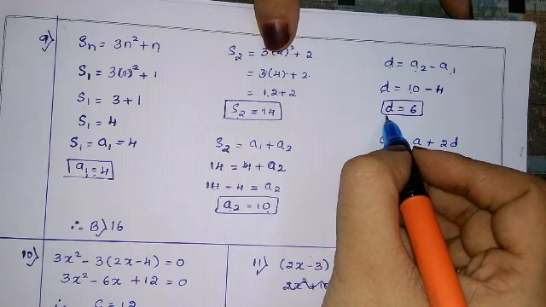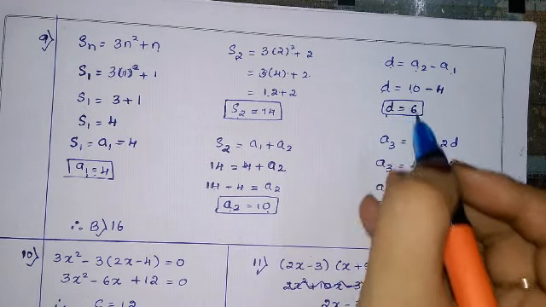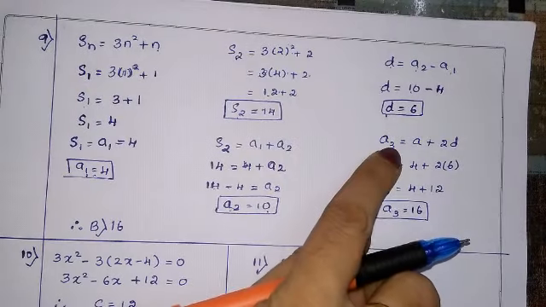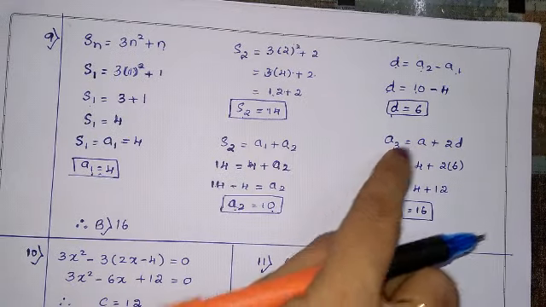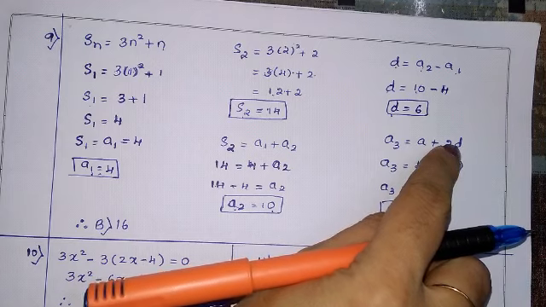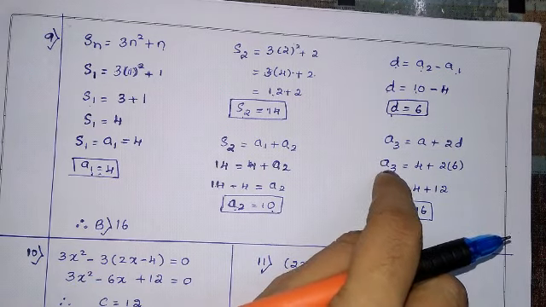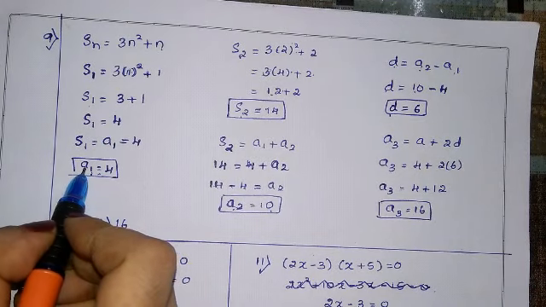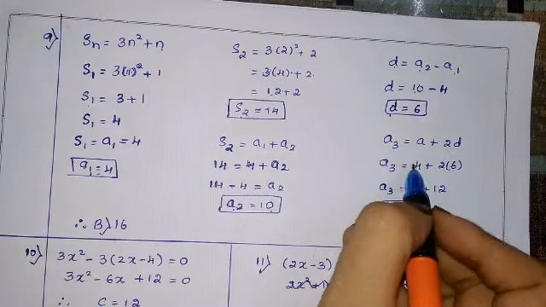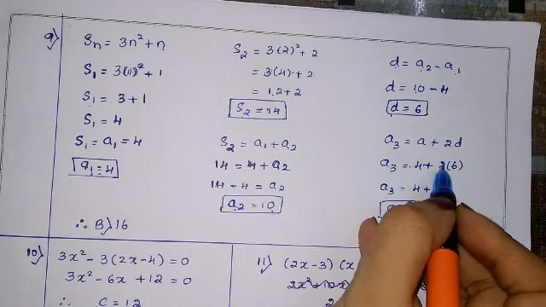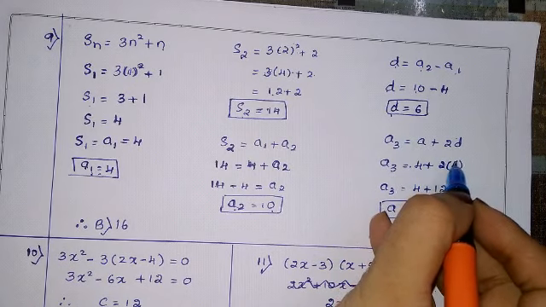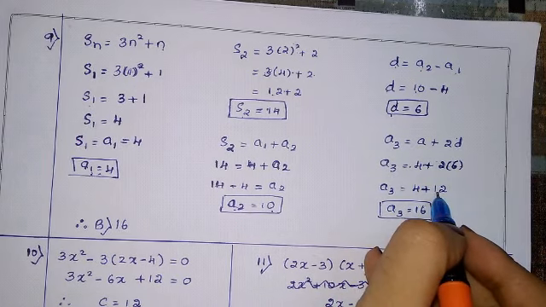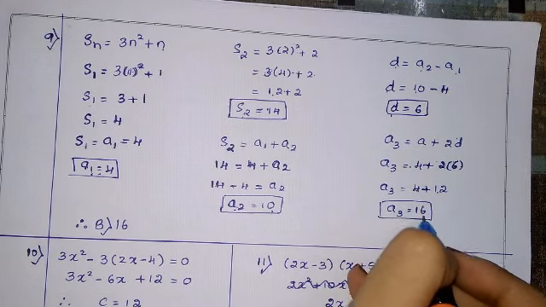As we got D value, in the question they have told us to find its third term. So third term A3 is equals to A plus 2D. A value is 4, always the first term is A, plus 2 into D value 6. 4 plus 12 is 16.